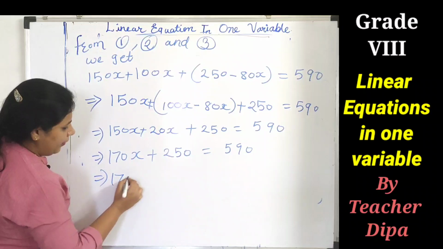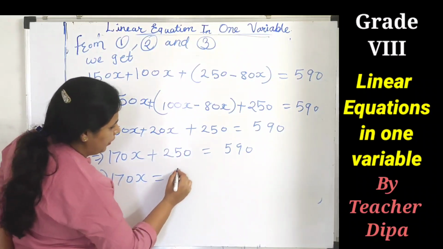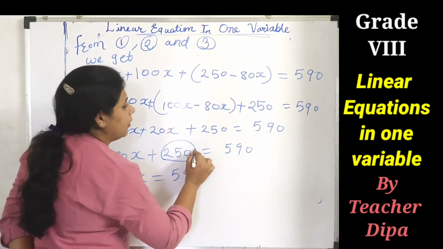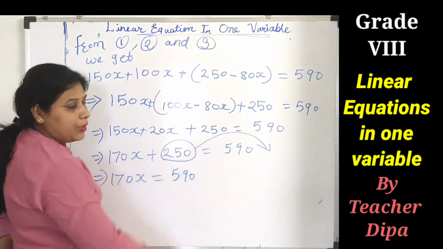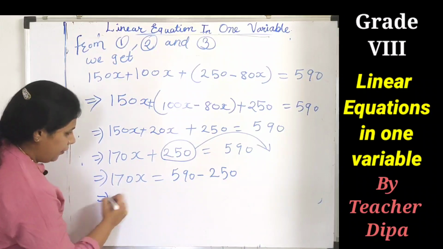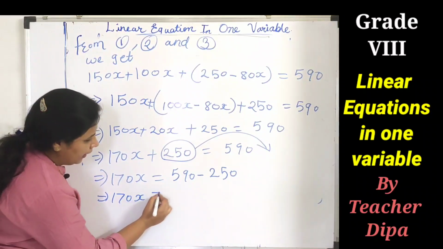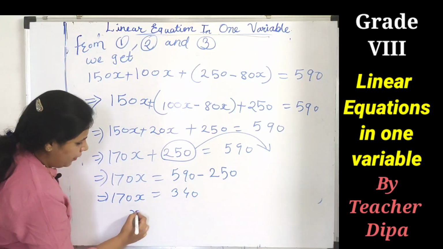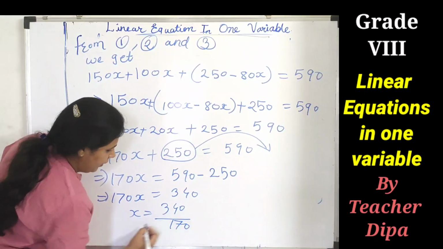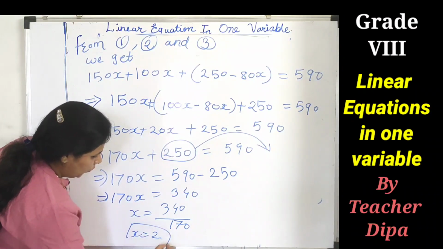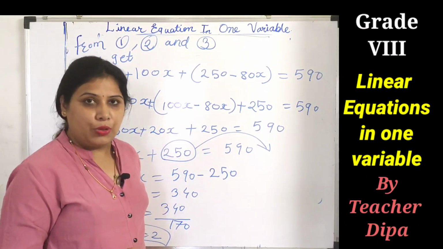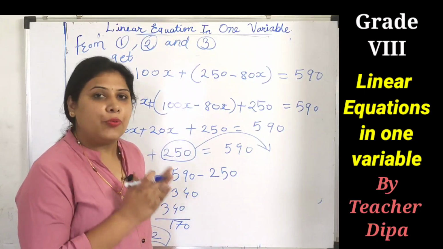So this I can write 170x is equal to 590, this 250 if I shift it towards that side, so that will become minus 250, from which we can get the x value, that is 170x is equal to 340, by which x is equal to 340 upon 170, that is 2. Once you got the x value 2, we can get the number of 50 rupees notes, number of 20 rupees notes, and the number of 10 rupees notes too.